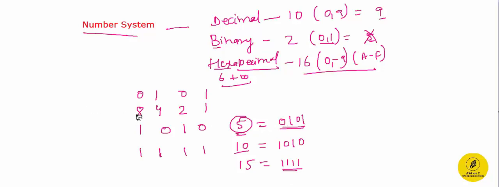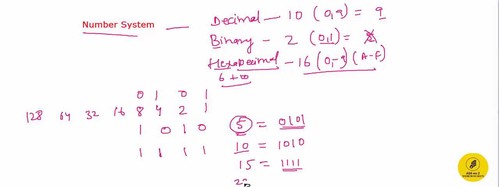The maximum range that you get from 4 bits is number 15. If you want to convert a bigger number into binary, you'll need to extend this formula: 8, 16, 32, 64, 128, like that.